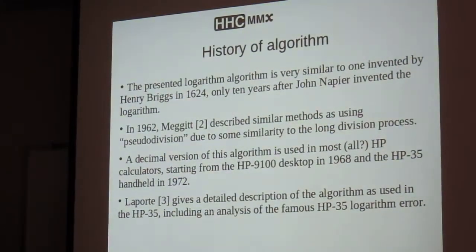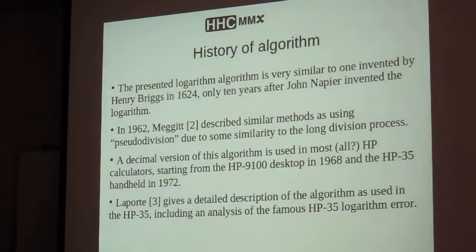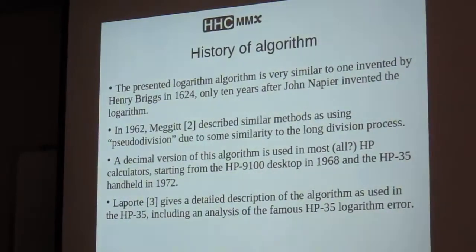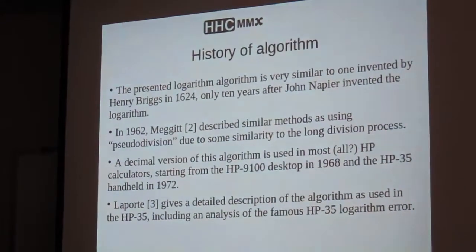A decimal version of this is used in most or maybe all HP calculators, starting from the 9100 desktop in 1968 and the HP 35 handheld in 1972. Jacques Laporte gave a very detailed explanation of the algorithm exactly as used in the HP 35 on his website. I'll cite that in the references. He also explained why the HP 35 logarithm error, which they had a ROM upgrade to fix, happened.